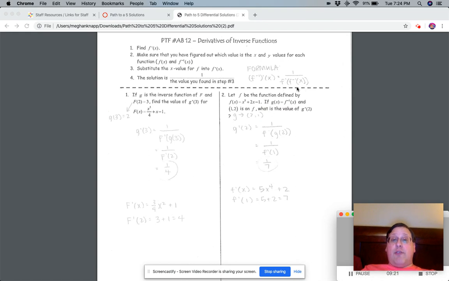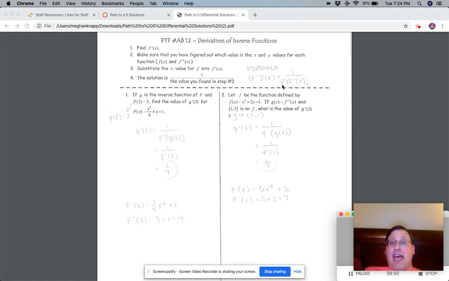You do have to remember that a function and its inverse go in opposite ways. So in number 1, when they tell you big F of 2 is 3, that's also telling you g of 3 is 2 if f and g are inverses. So then using this formula to find the derivative of the inverse, we needed f prime of g of 3.